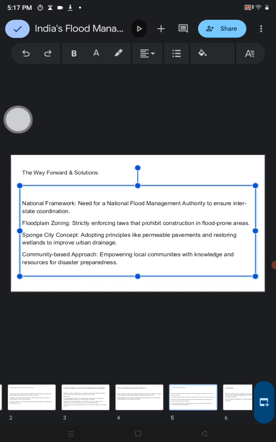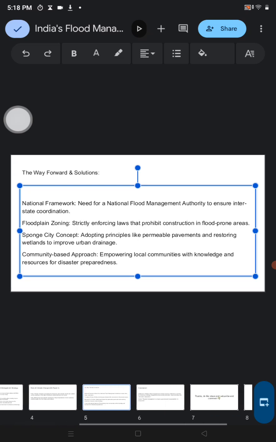If we restore the wetlands, the water will go to the wetlands, and they also provide other benefits like oxygen. Finally, a community-based approach: empowering local communities with knowledge and resources for disaster preparedness.